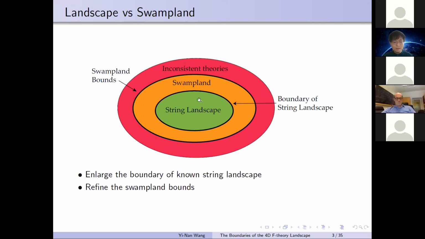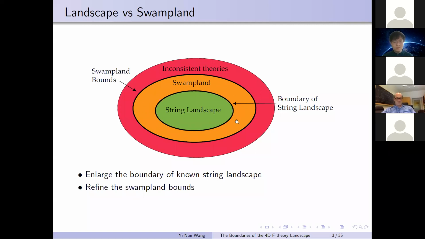Outside, we have a bunch of apparently inconsistent theories. And between those two sets, I define the swampland theories to be the low energy theories that are apparently consistent, but haven't got any known string construction yet. Okay, that is the swampland.